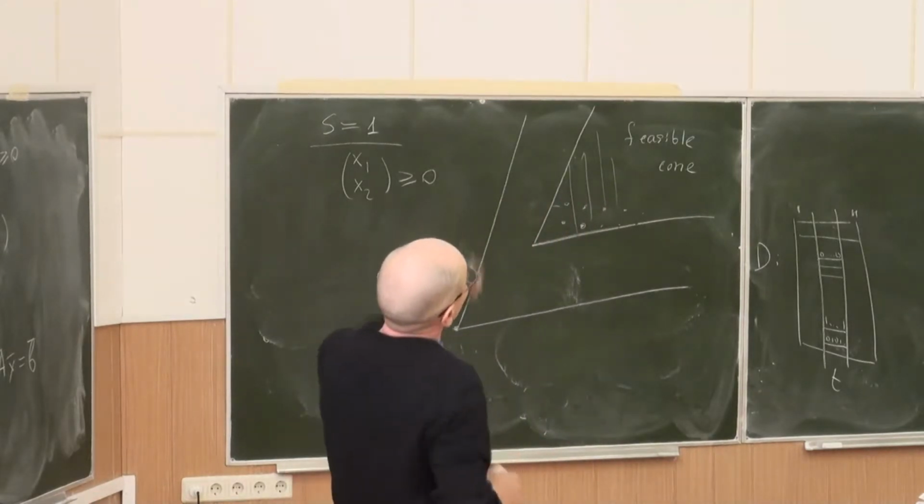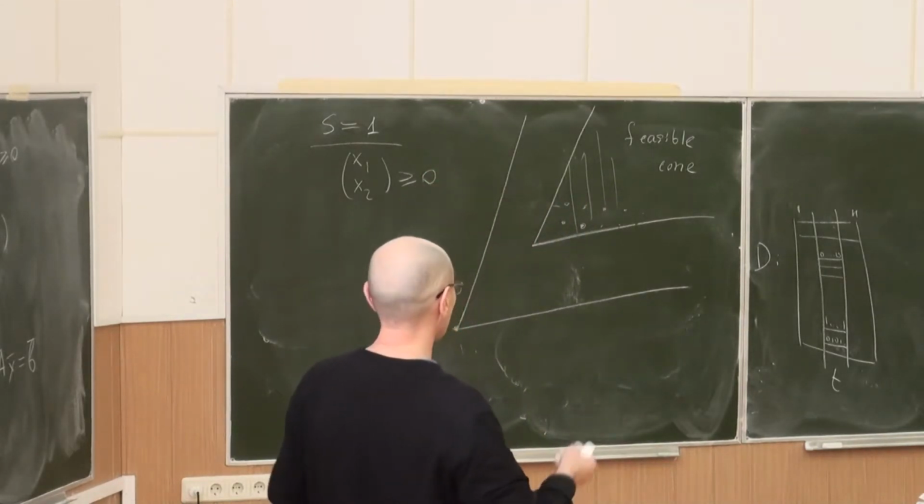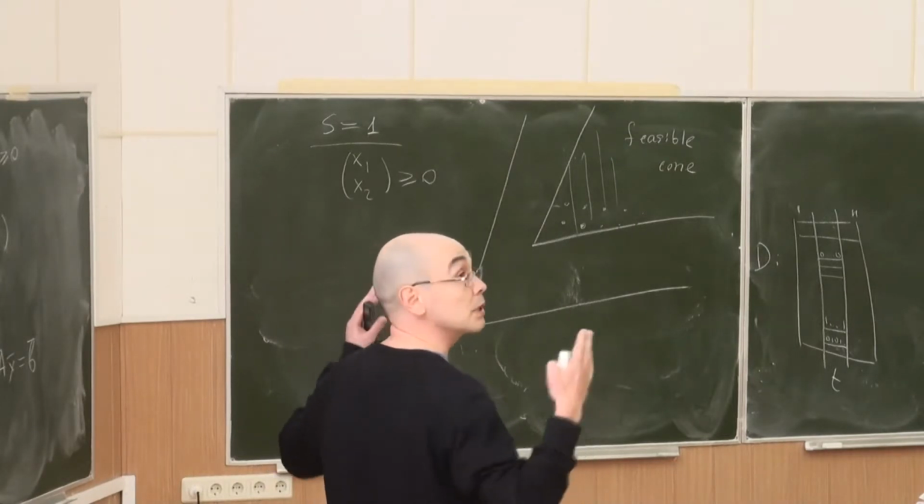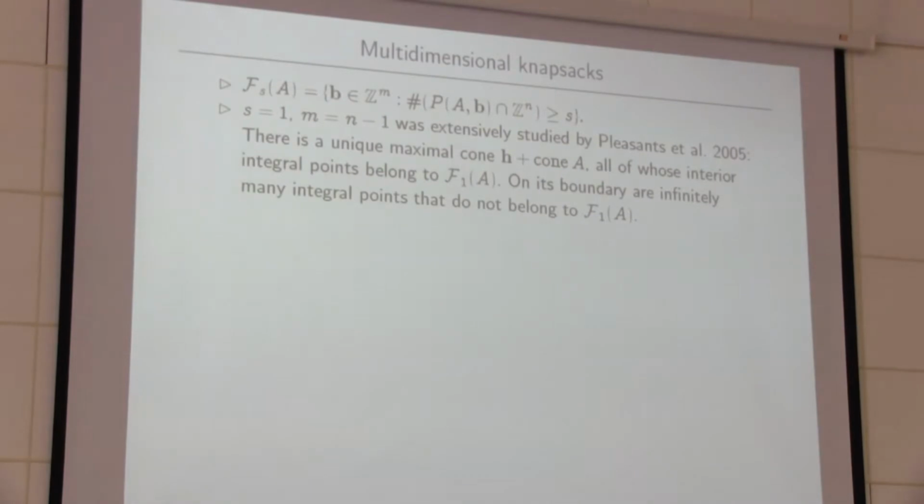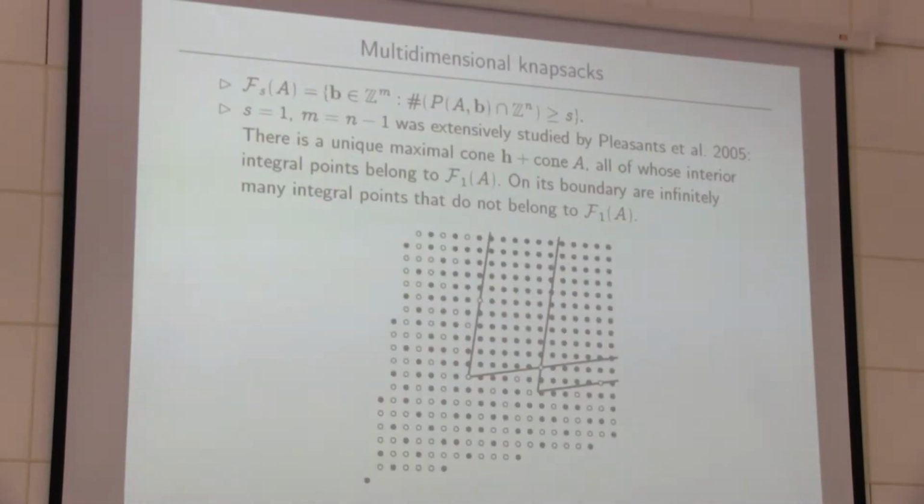So in this special case, when m is equal to n minus 1, the maximal feasible cone is unique. So the set has a very remarkable structure. One can show that this property of the set doesn't hold in the general case. For example, in our example before, it's easy to see that the maximal cone with respect to inclusion is not unique.